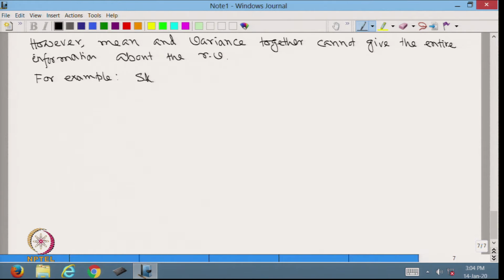skewness, which gives a measure of asymmetry in the distribution.